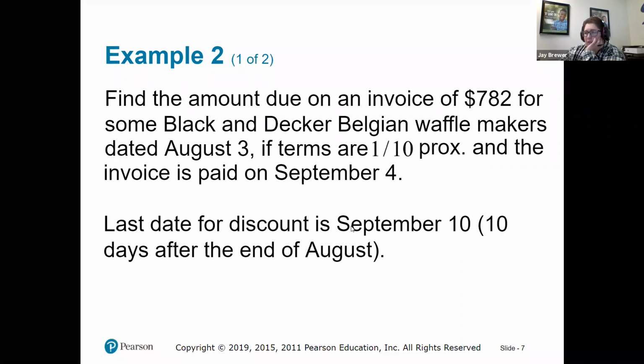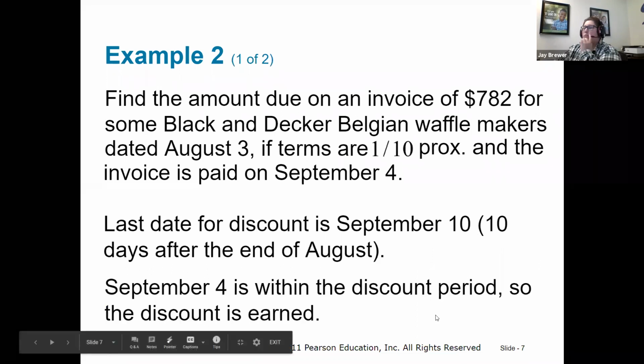The last date for the discount is September 10th, 10 days after the end of August. So I guess when you see this 1/10 prox, no matter what the date of the invoice, you're going to the 10th of the next month. September 4th is within the discount period, so the discount is earned.